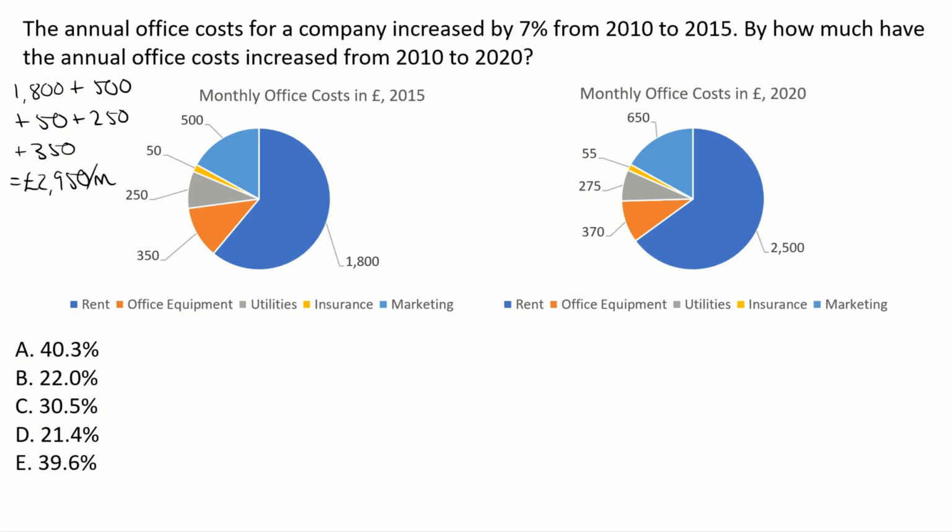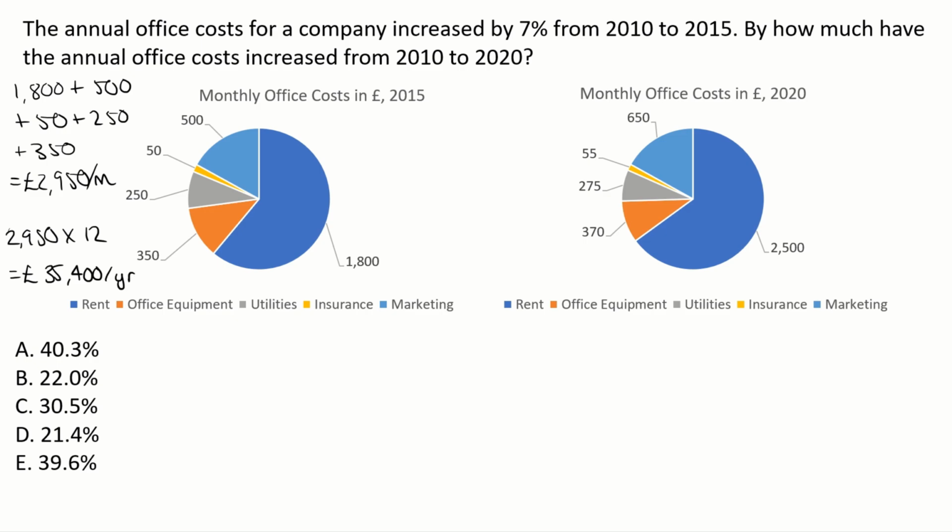And if we want the annual cost, we need to times that by 12 because there's 12 months in a year. So 2,950 times 12 gives us a value of 35,400 per year.